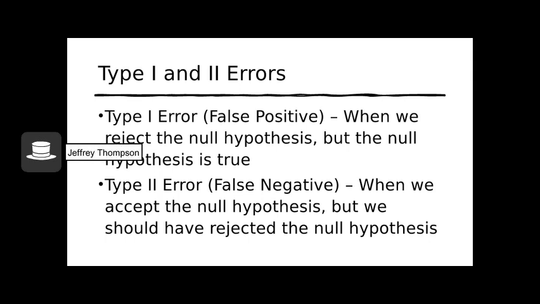Another thing to be aware of is at the end of your study, once you've gotten your results, you don't know if you've made a type 1 or type 2 error, right? The only thing that you know is that you've made a decision, but you don't know if that decision is correct or not. So if you think about a pregnancy test, right? The stick that you pee on might say that you're pregnant, might say that you're not pregnant.